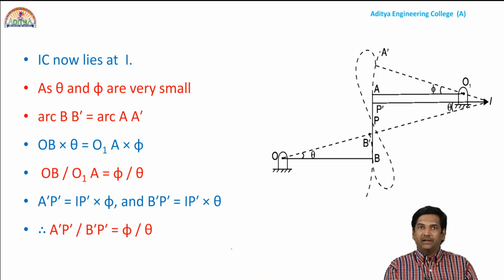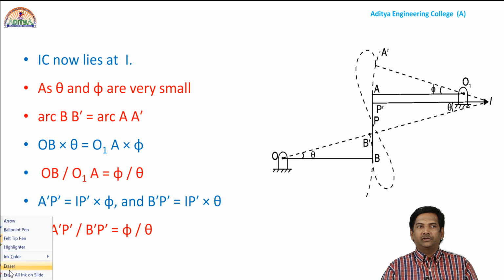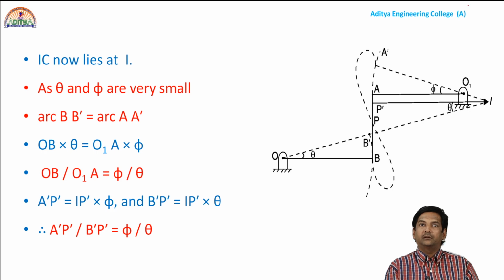Now consider the velocity at A and the velocity at B, at A dash and B dash. If you join these two, we have a line in between, with a slight angle deviation from the earlier one.